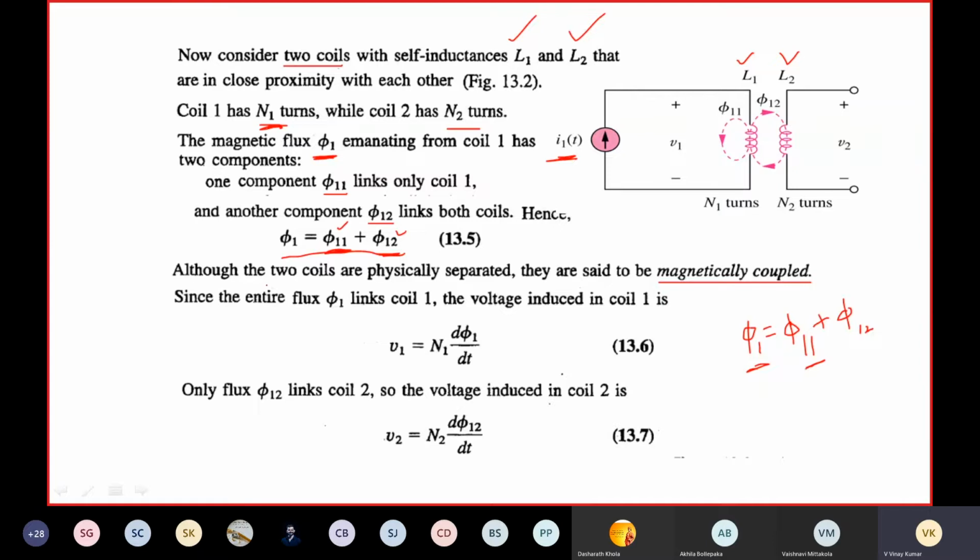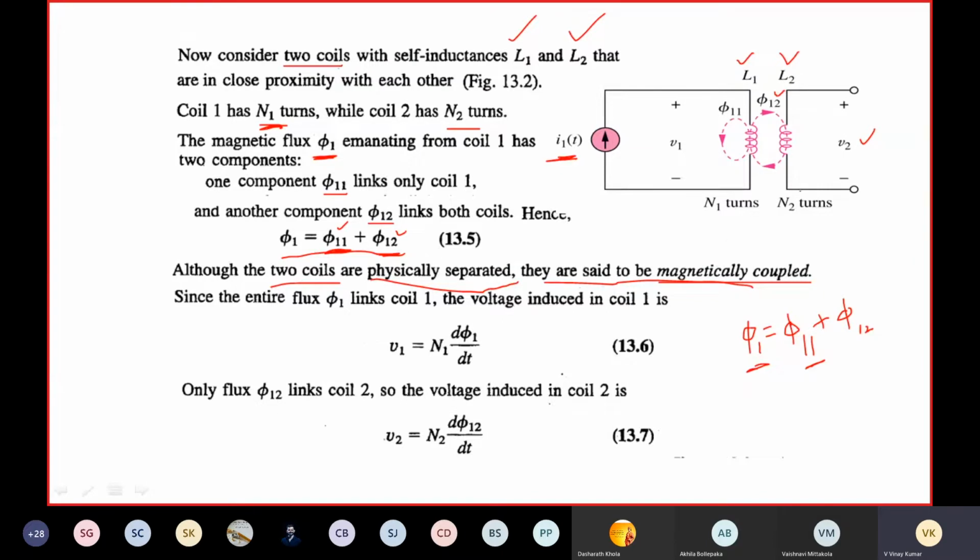Although the two coils are physically separated, they are said to be magnetically coupled because this phi 1 2 is linking coil 2. This phi 1 2 is linking coil 1 as well as coil 2. Because of this phi 1 2 flux, an EMF will be induced across coil 2.